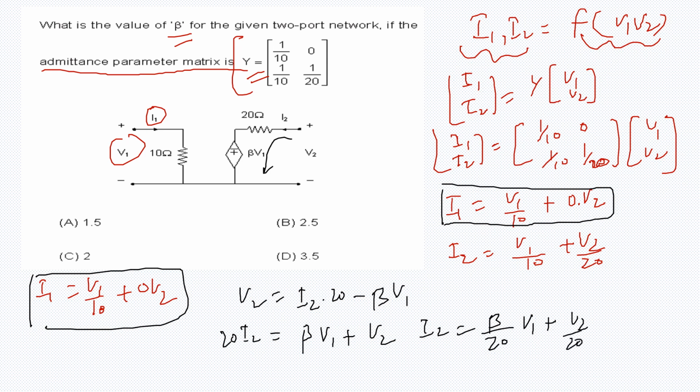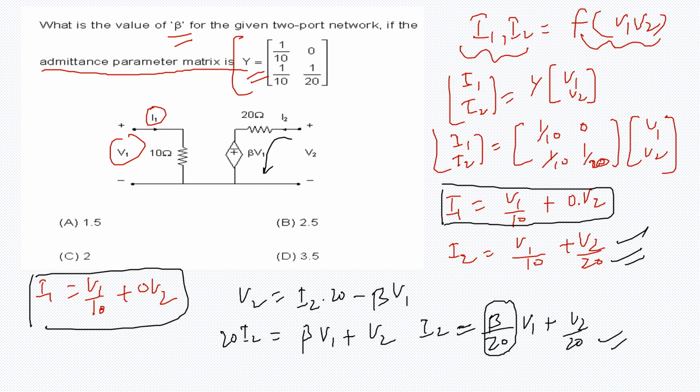Now you can see that I can compare this equation with this equation. From here I can see that the coefficient of V1 should be the same, so beta/20 should be 1/10.